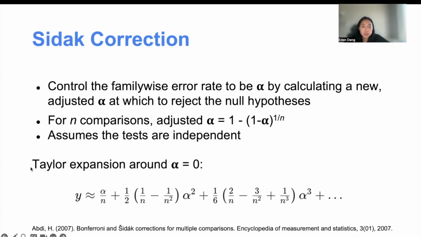So if we do a Taylor expansion of this formula for the Sidak correction, we get an approximation that will look something like this. And that first term we see in this equation is what the Bonferroni correction uses.